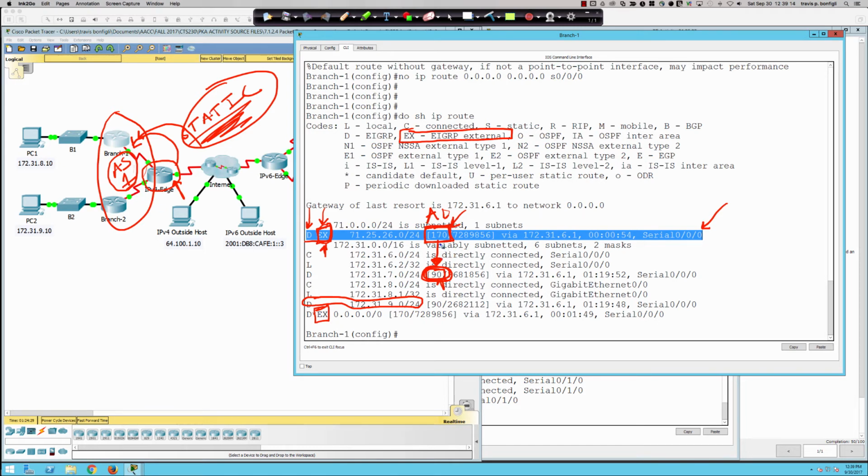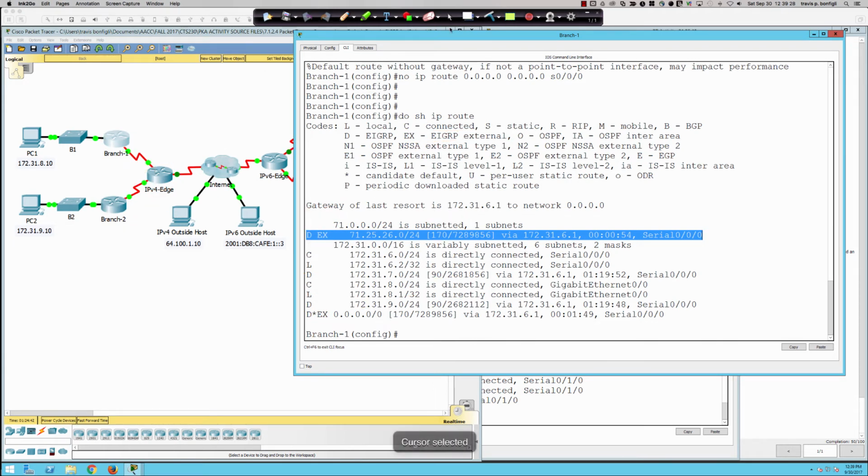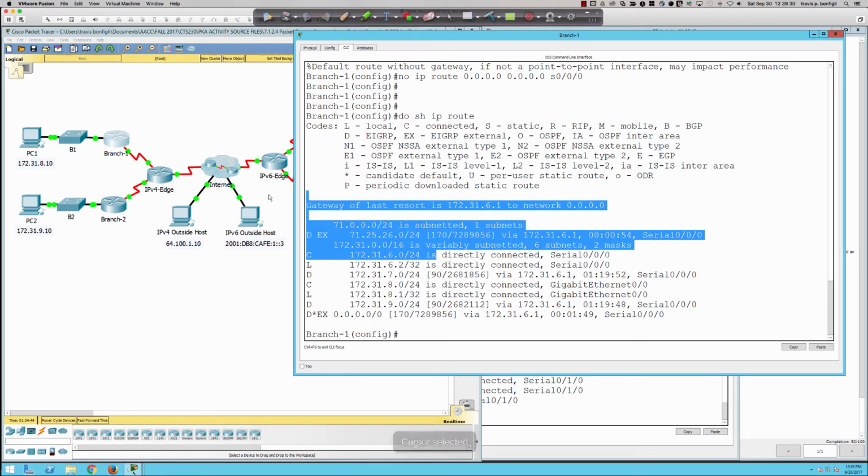And it has to weight these separately in order to ensure that you always pick the more trustworthy information coming from your trusted partners here in your neighborhood. All right, so that's our IPv4 side of the house.